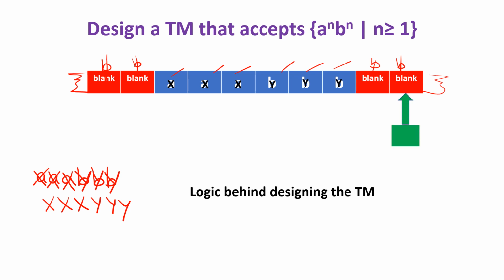So this is the simple logic of designing a Turing machine to accept the language a^n b^n, where n is greater than or equal to 1. So till now we just discussed the logic, whereas we have not yet discussed when to change the states.